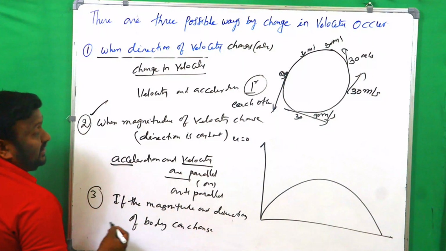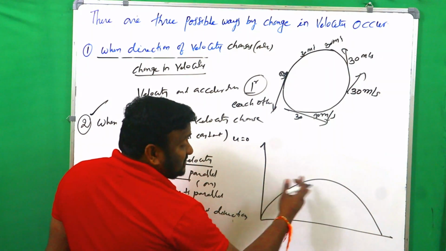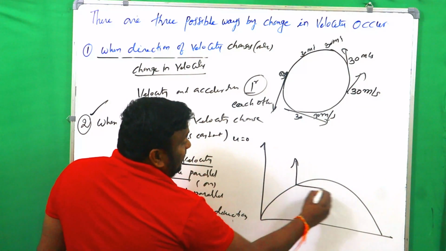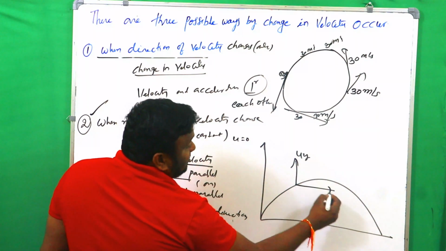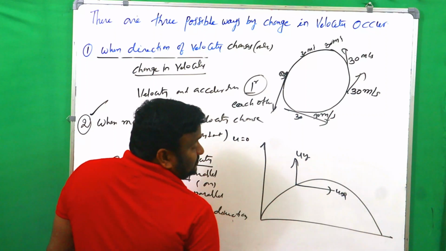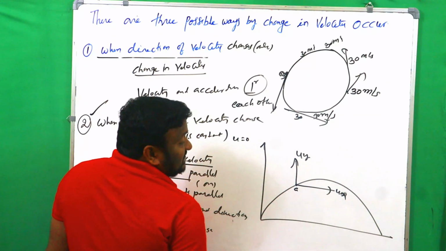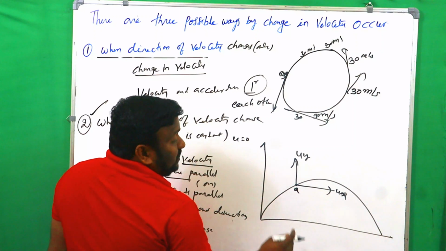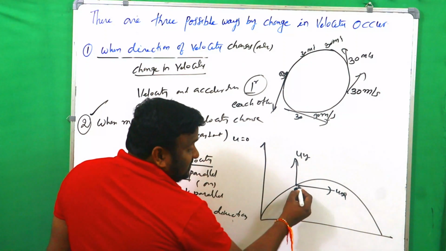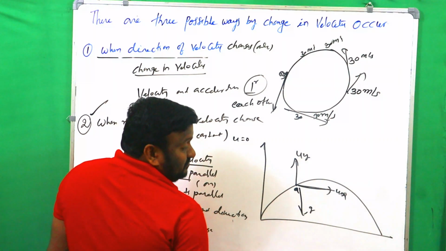That is possible in case of a body moving in a plane; we are taking projectile motion. So in this case we have velocity divided into two components like this, uy and this is ux. So at this point acceleration is parallel to one component and perpendicular to the other one. It is the horizontal component, and the direction of acceleration should be like this.